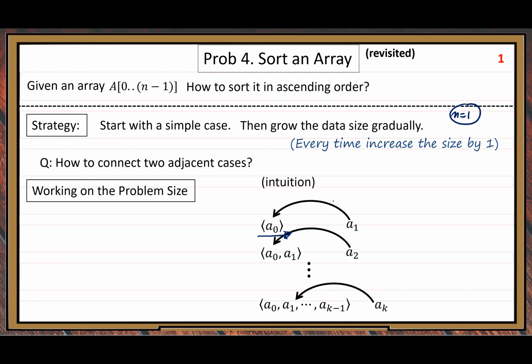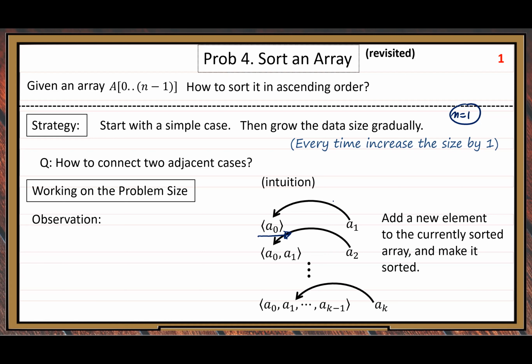This new insertion view will give us a new sorting algorithm. That's the new method. All right. Add a new element to the current sorted array and then make it sorted. That's the typical action we take for each step.